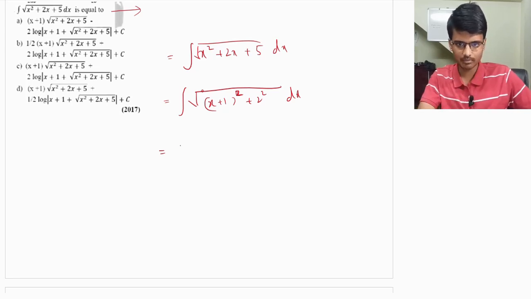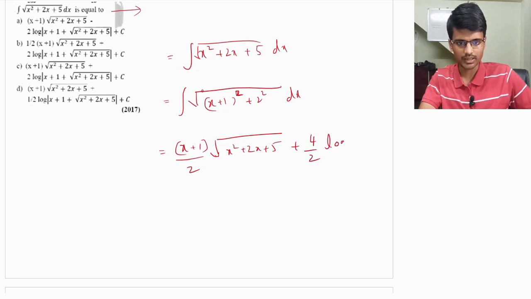It is x plus 1 by 2 times the same thing that is in the root, x square plus 2x plus 5, plus a square by 2, that is 4 by 2, log of (x plus 1) plus the entire root of x square plus 2x plus 5. So this is the standard result.